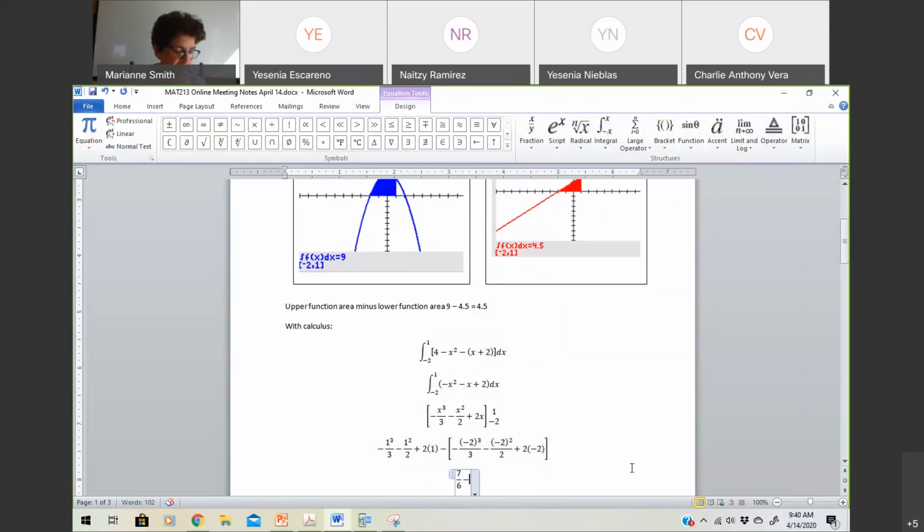So I have a negative 2 cubed over 3 minus negative 2 squared over 2 minus, and that's going to be 2 times negative 2.